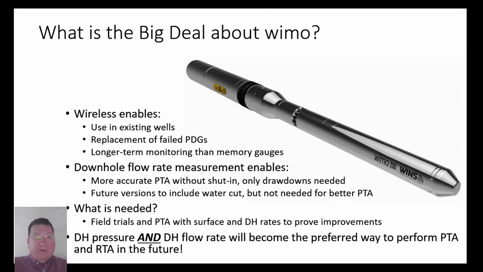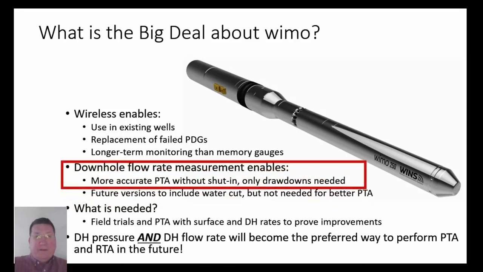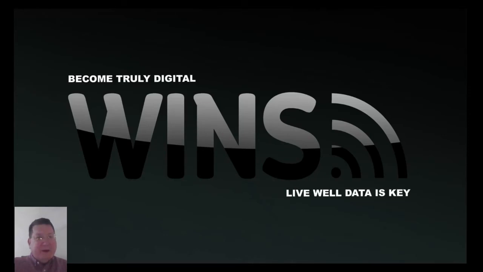So downhole pressure and downhole flow rate will become the preferred way to perform pressure transient analysis and rate transient analysis in the future. So the big deal about WEMO is that downhole flow rate gives you more accurate PTA analysis, better reservoir characterization without shutting in the well. Only drawdowns are needed. And that's the end of my presentation.